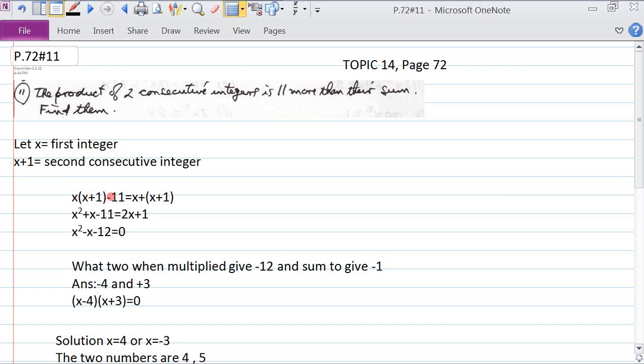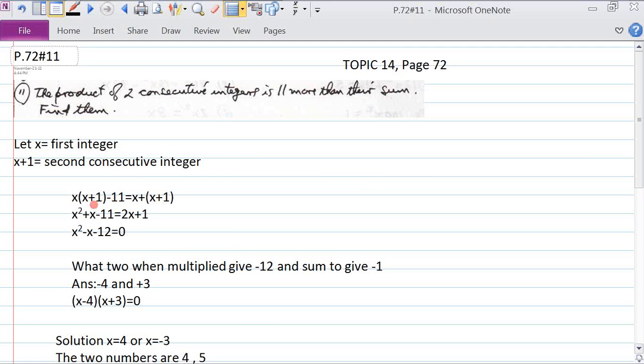That means if I subtract 11, it is equal to their sum. Here's the sum: x, the first integer, plus x plus 1. The product of two consecutive integers, that's this, is 11 more than their sum. So I can subtract 11 here and make it equal to the sum.